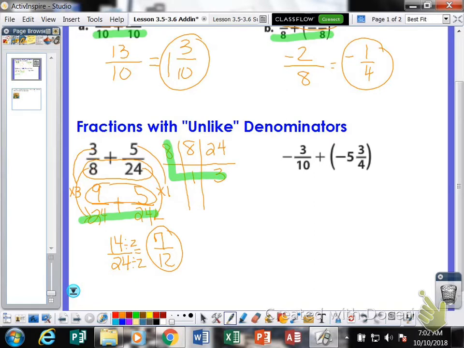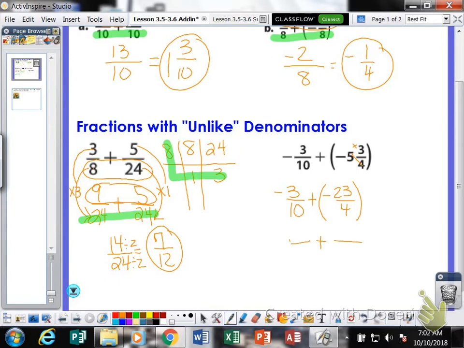All right, so first thing I'm going to do over here is I'm going to change negative 5 3/4 into an improper fraction. So 4 times 5 is 20, plus 3 is 23. So negative 23 over 4. Now, the denominators are not the same, so we got to find a common denominator.